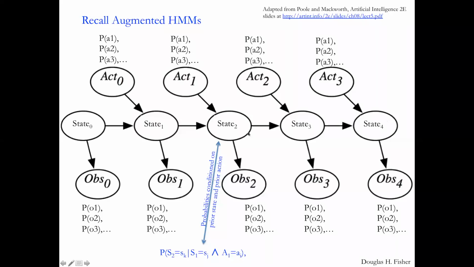The probability tables of a state node are going to be the probability of a state at some step, some time t, in this case 2, given the state of the previous step and the action that's taken. So each of these steps is dependent on two items, two sources of influence.